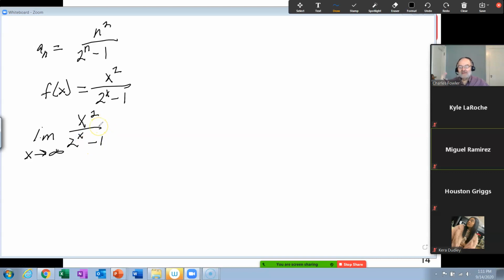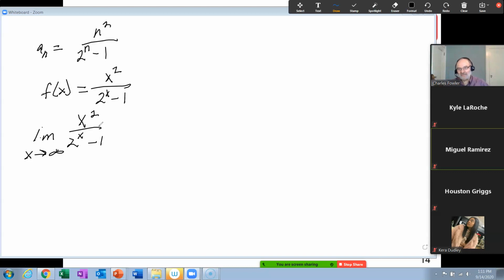All right. Now, it just so happens my Cal 1 class has just been introducing this. What if you have an expression that's infinity over infinity? Because certainly x squared, as x goes to infinity, gets enormously big. And 2 to the x, as x goes to infinity, gets enormously big.